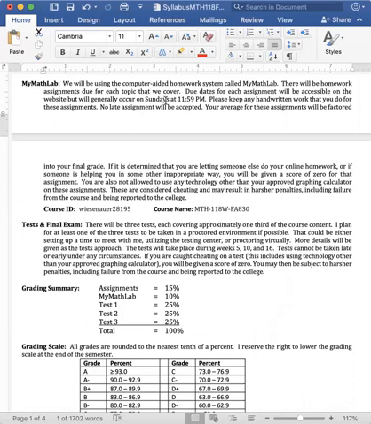The due dates, as I said, will also be on Sundays, a minute before midnight. Please keep your handwritten work for this because it does aid you in practicing for exams, and it could aid me if we were doing some office hours and you had some questions and I wanted to see what you had done on a problem.